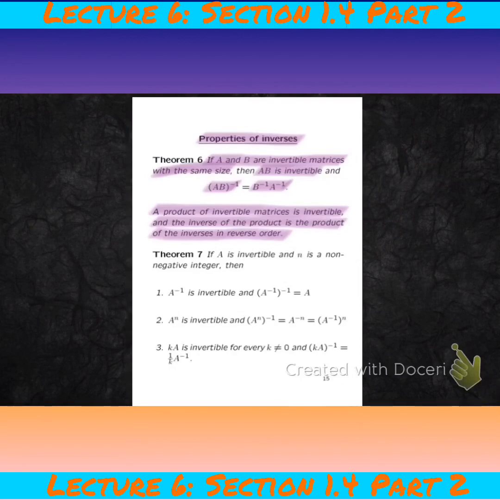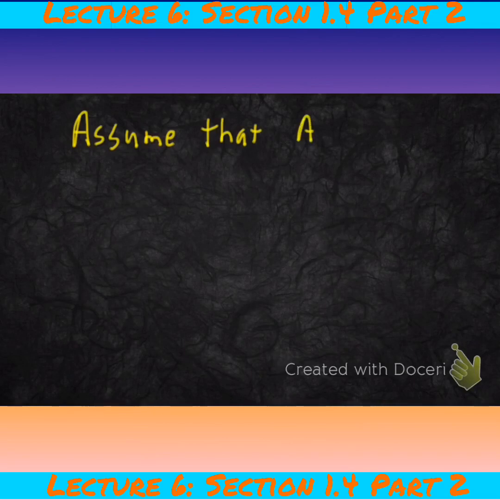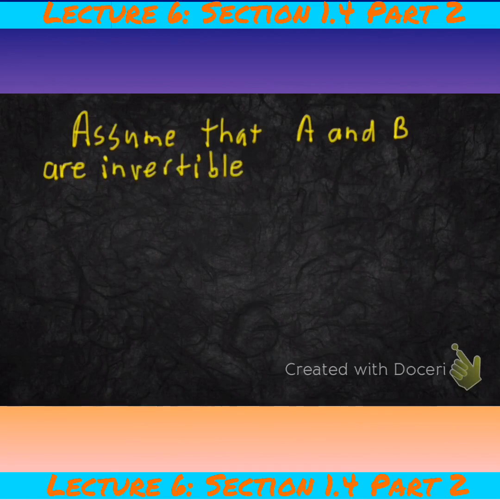However, if both matrices in the product are invertible, then we can go and invert A times B. So if we assume that A and B are invertible, then how do we find the inverse of A times B?